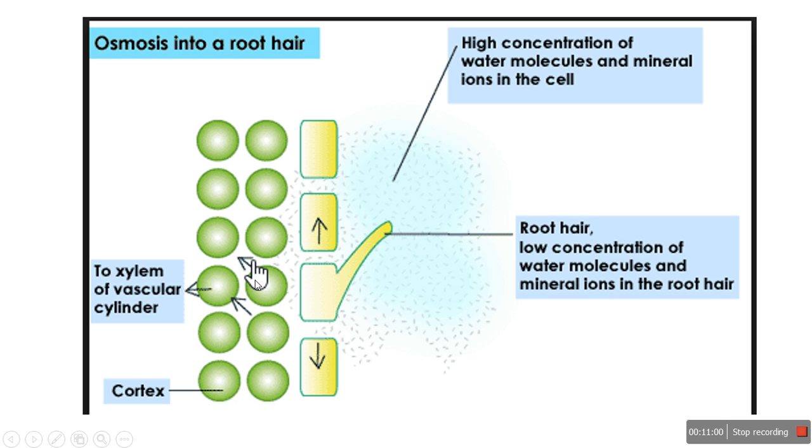And that's maintained by the water being pulled up the xylem. And that's an example of where water concentration is very, very important. And that is also going to move in mineral ions. So there's going to be mineral ions which are dissolved in that water, and they will move in attached to the water. And that's also very important as well.